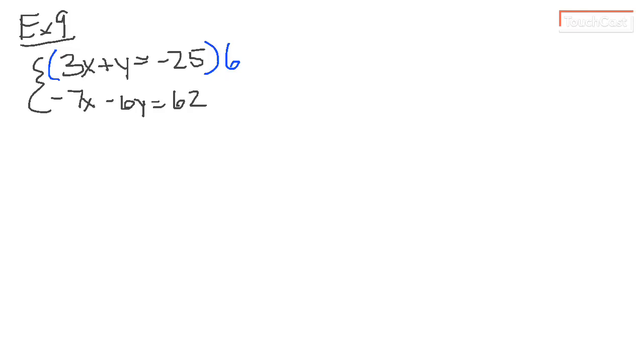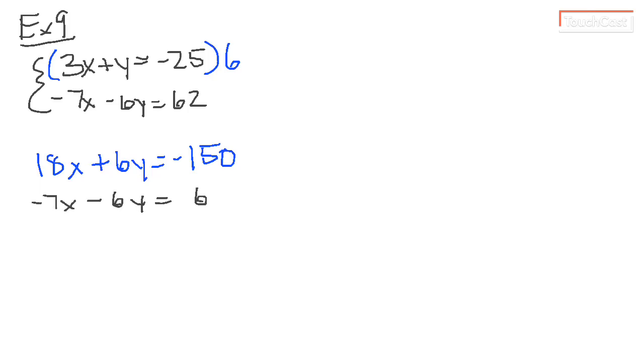So let's do that. If we multiply everything in the first equation by 6, we're going to get 18x plus 6y equals negative 150. And then we can just rewrite the second equation as it was originally. Negative 7x minus 6y equals 62. We're going to add down with these.